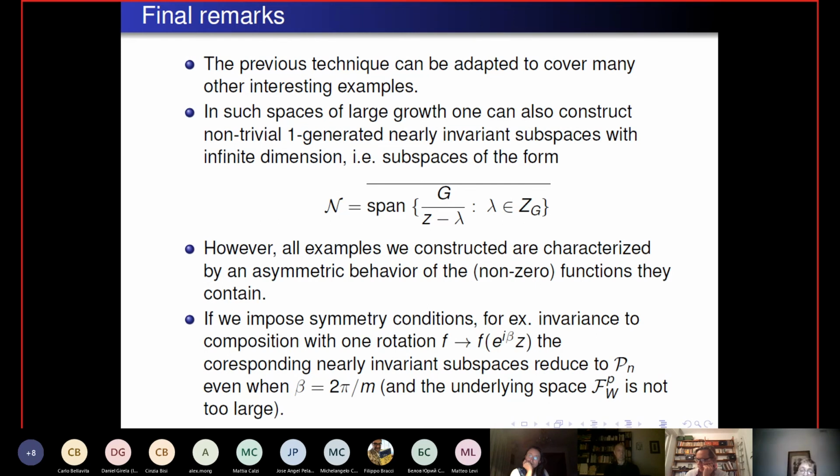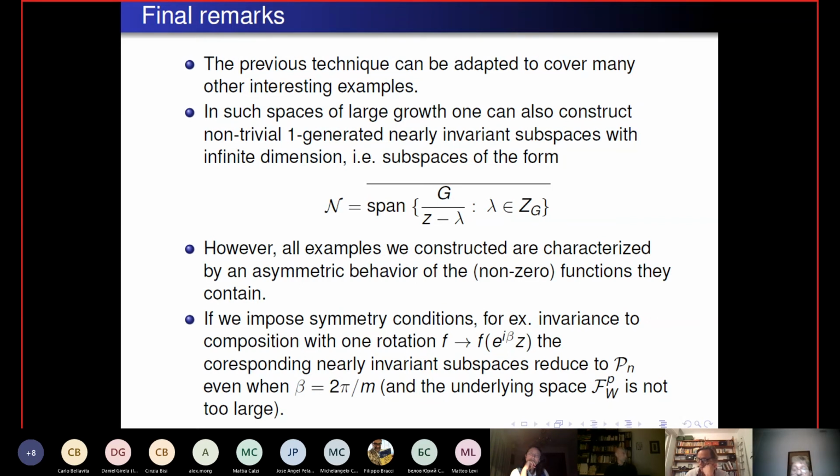So compose with the rotation and ask the nearly invariant subspace to be invariant also for the composition with this rotation. And then these subspaces automatically don't exist anymore, and you're confined to the PNs, polynomial degree less or equal to n.